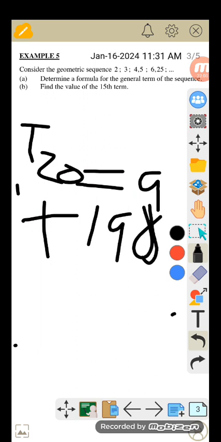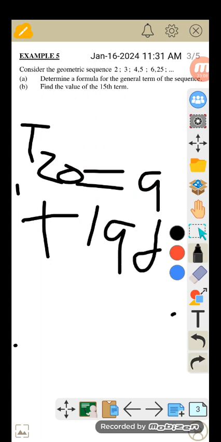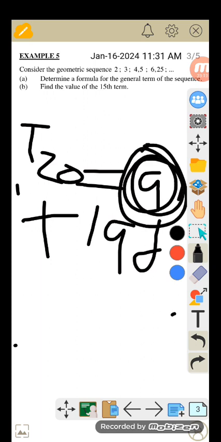Where you see a, you substitute a, and use d, and get your T20, just like that, without using your general term or your nth term.